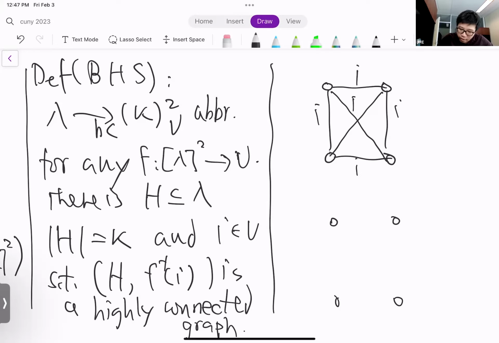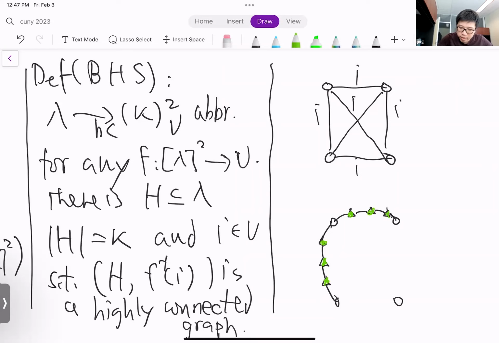So the replacement is the following. I'm replacing the clique by some path between them, right? So between any 2 vertices, they're still connected. I'm oversimplifying, but this is roughly the idea.